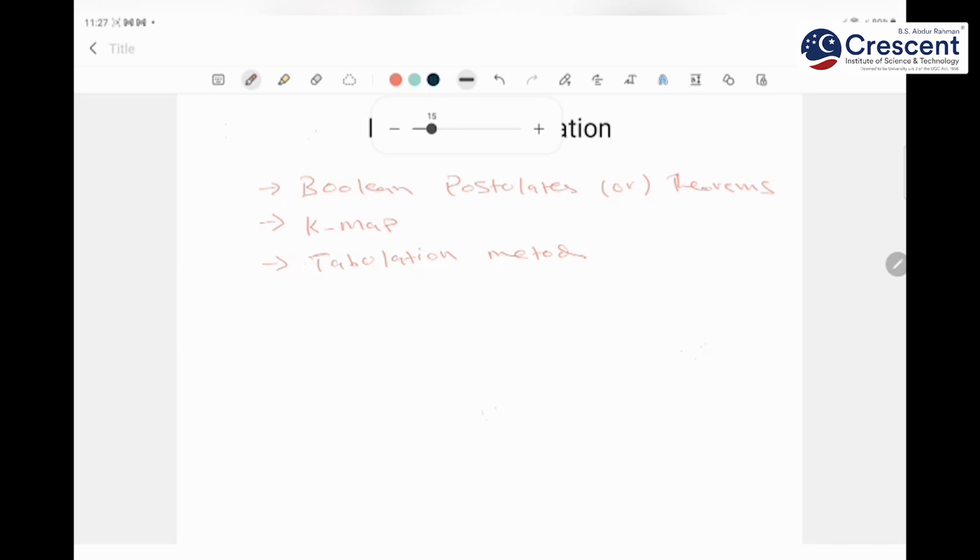In today's class we are going to discuss mostly K-map. This K-map is also called the Karnaugh map, K-A-R-N-A-U-G-H, spelled Karnaugh, and coordinate map.